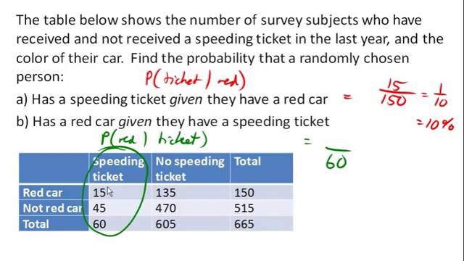So 15 out of 60, or 1/4, or 25% of people with a speeding ticket had red cars. These are the conditional probabilities, and it is important to notice that the order does matter. It matters which piece of information you're being given.